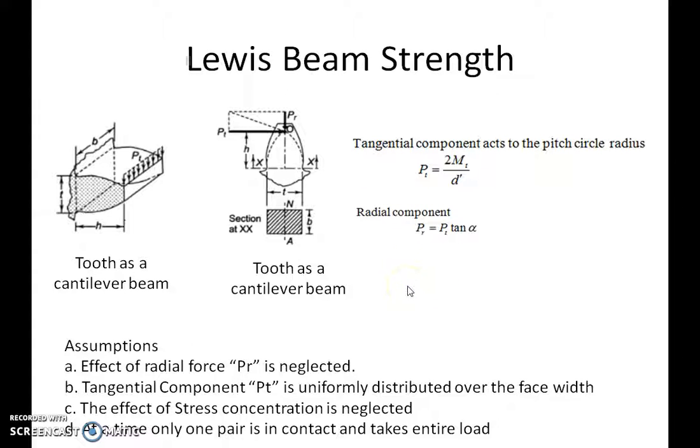The formulae for the two forces: tangential force is given by 2Mt upon d', which is the usual formula, torque equals force into the perpendicular distance or the radius. The radial component, however, is given by Pr equals Pt tan alpha, where alpha is the pressure angle.